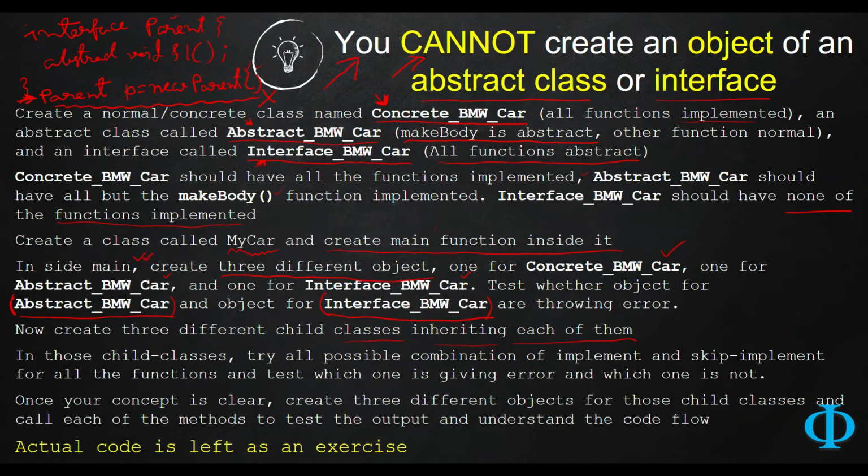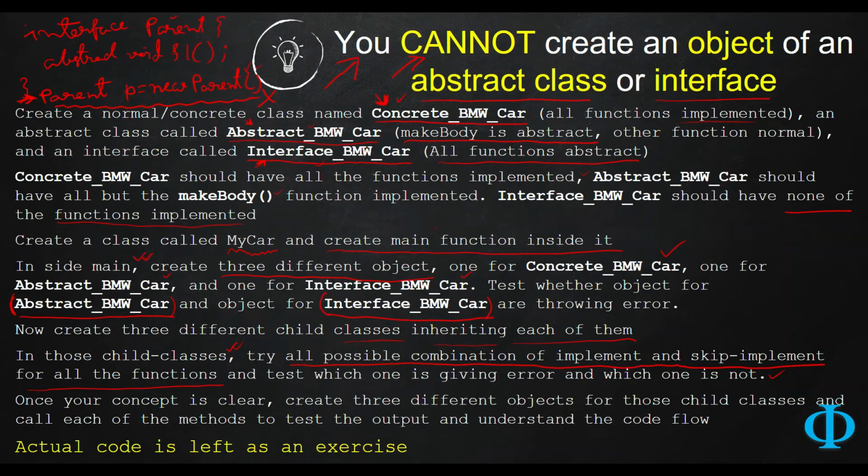After that, in those child classes, try all the possible combinations of implementing and skipping the implementation of all the functions that you have defined in the concrete, abstract, and interface. Once you are done, test which one is giving an error and which one is not. Just try all the different combinations.